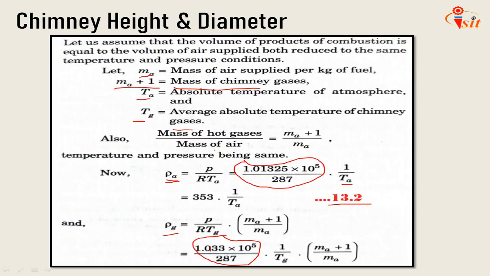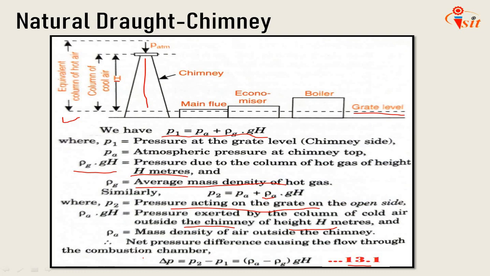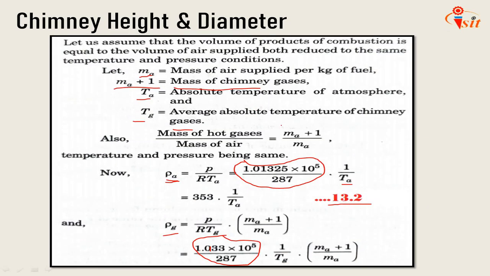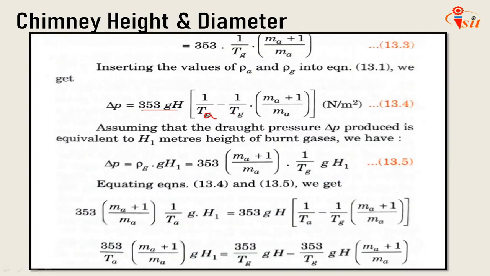Now we are substituting the values of rho A and rho G in equation 1. So we'll get 353 g H, 1 upon Ta minus 1 upon Tg, Ma plus 1 upon Ma, in terms of Newton per meter square, as it is a pressure difference.